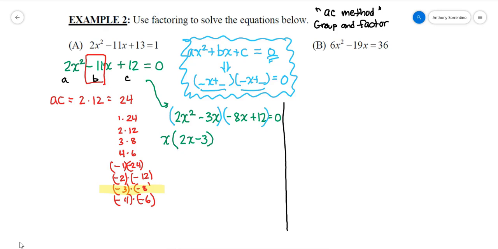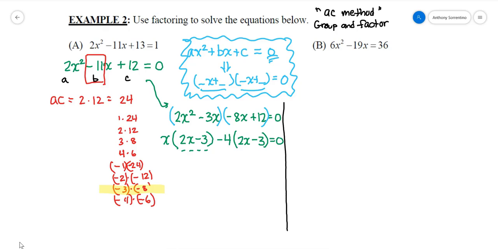For the next quantity, I want to do the same thing, but I also want this quantity to repeat again. If I factor out a negative 4, negative 8x divided by negative 4 is a positive 2x. Positive 12 divided by negative 4 is a minus 3.